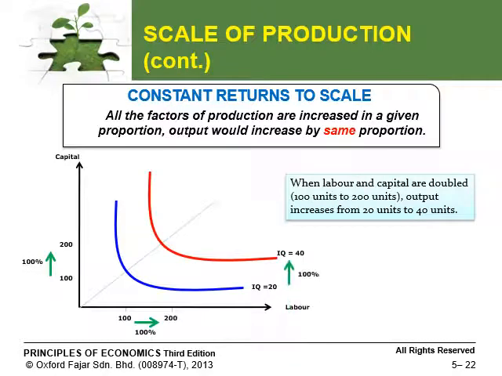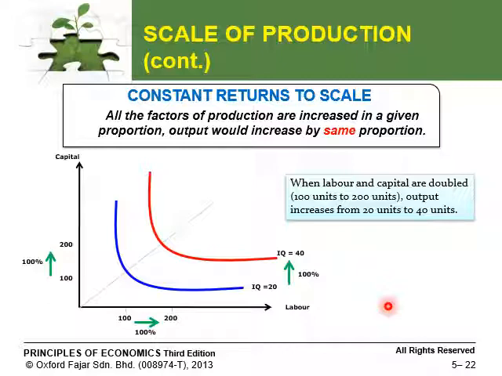What happens with constant return to scale? Constant return to scale tells you that the percentage increase in output is similar to the percentage increase in input. This is input, this is output, which means that a 100% increase in output is because of a 100% increase in input.